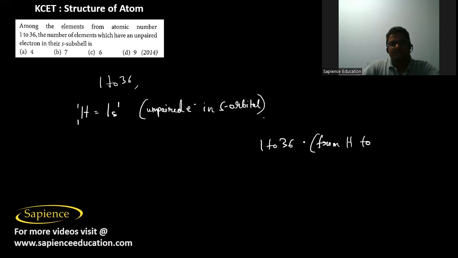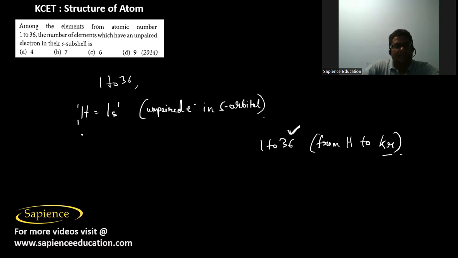So 36 is an inert gas in the fourth period, going through helium, neon, argon to krypton. Okay, from hydrogen to krypton.